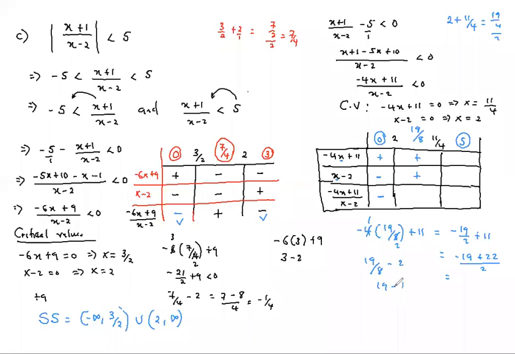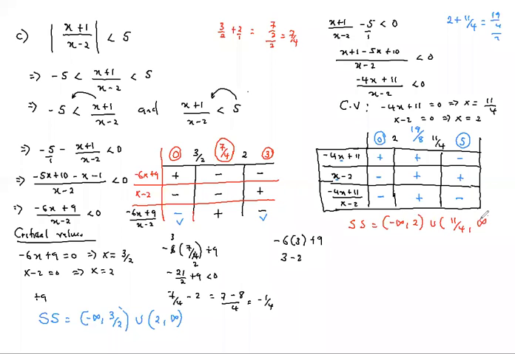This is 19 minus 16 over 8. So it's positive, yes. So the product here is going to be positive. When we go to 5, we have negative there, positive, negative. The interest is that our inequality must be less than 0. Again, the solution set for this part is negative infinity all the way up to 2, union 11/4 all the way up to infinity.